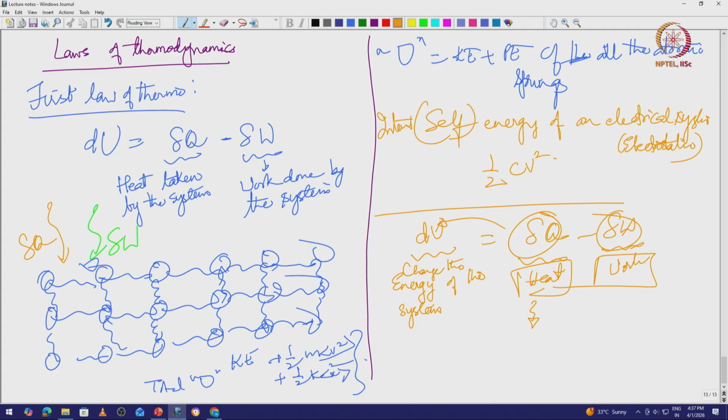So this heat turns out to be what is called an incoherent form of energy transfer, and the delta W is a coherent form of energy transfer.